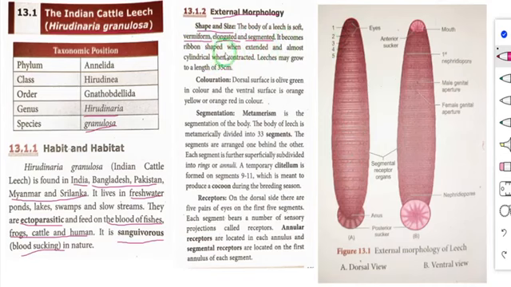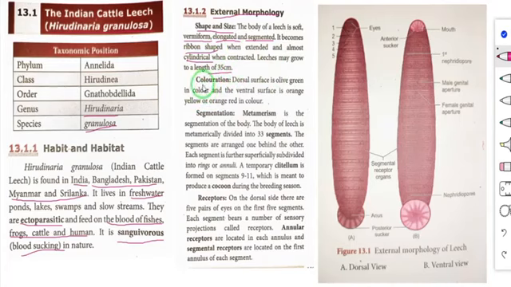It becomes ribbon-shaped when extended and almost cylindrical when contracted. So when the worm is extended, it looks like a ribbon-shaped structure, and when it is contracted, it looks cylindrical in structure. Then it may grow to a length of 35 centimeter.